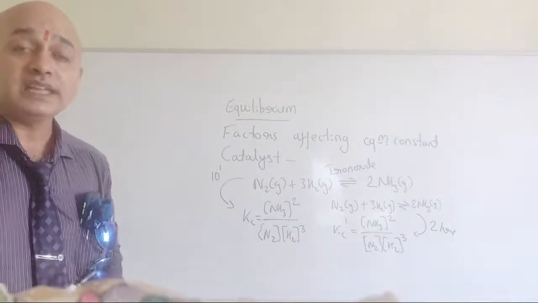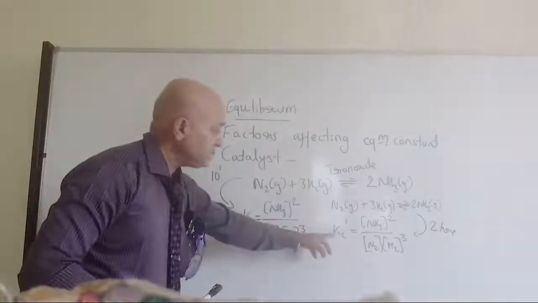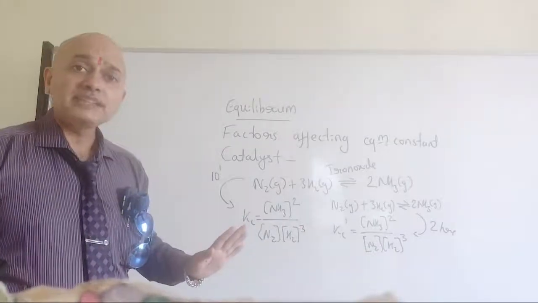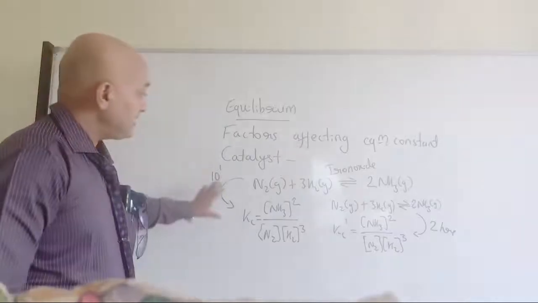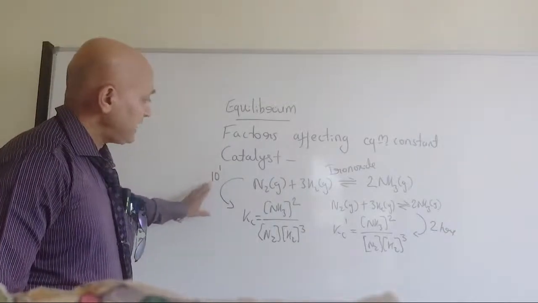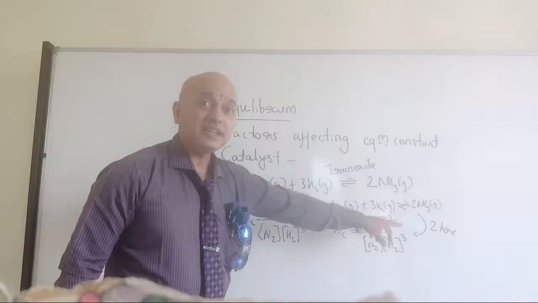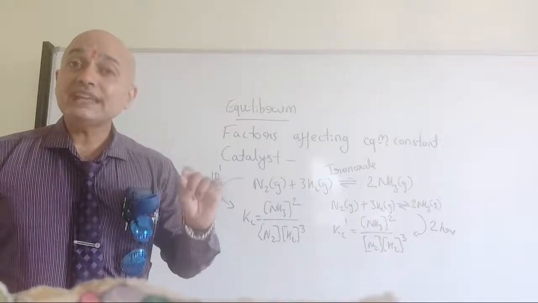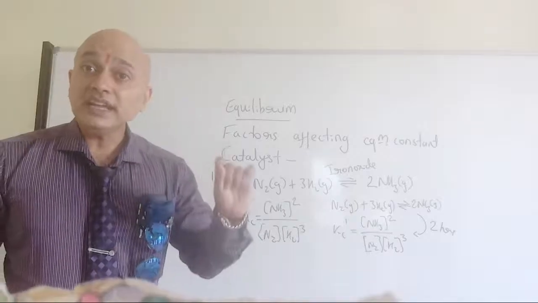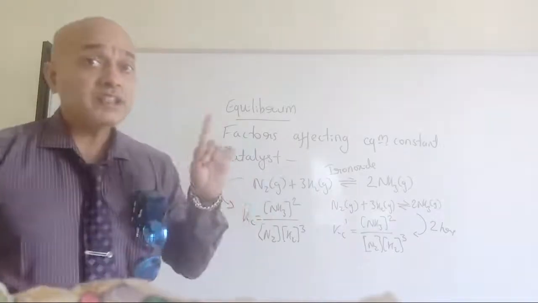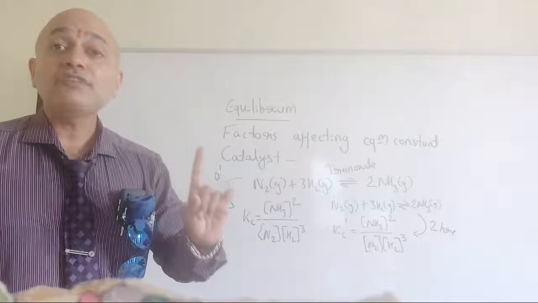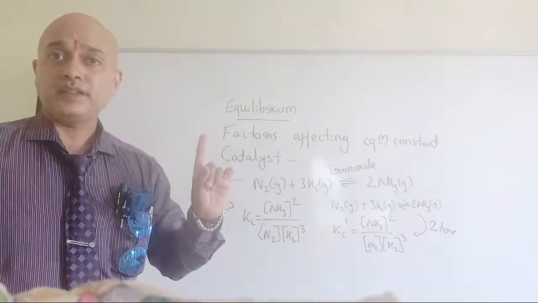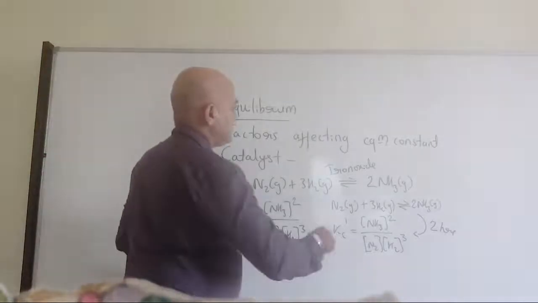So what is happening here? For Kc prime, equilibrium is there, no doubt. But this one has been reached in 10 minutes, and that one has taken 2 hours. So therefore, catalyst will enhance the rate of the reaction, but will not alter the equilibrium. Fine? So that's what I can tell.